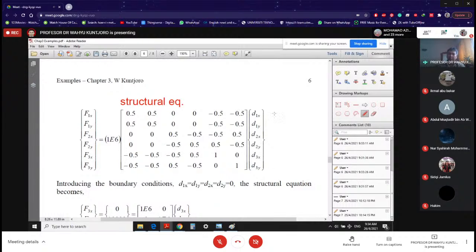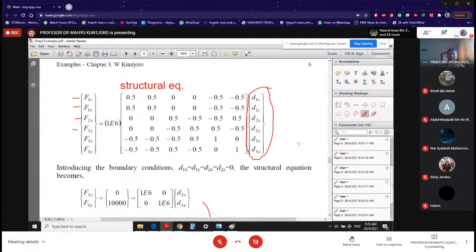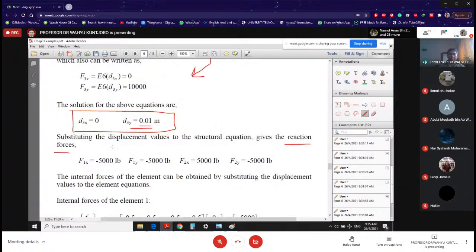What you need to do is simply substitute the values of the displacements, d1x up to d3y, and then you can calculate your structural reaction forces, which are F1x, F1y, F2x, and F2y, because now you know the values of d1x up to d3y. And if you calculate correctly, then you will have the answer like this.